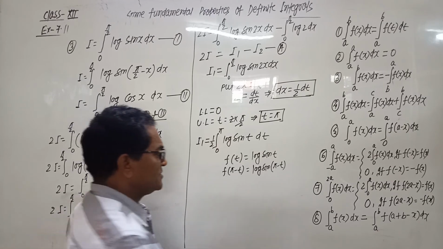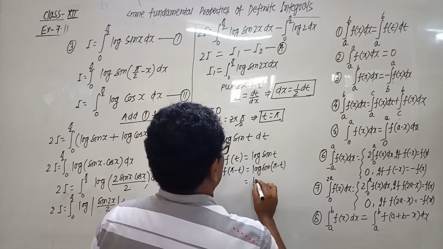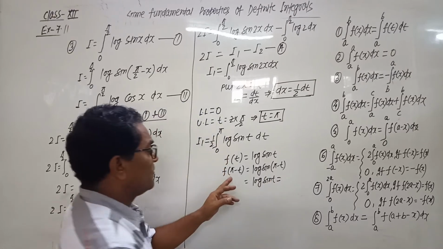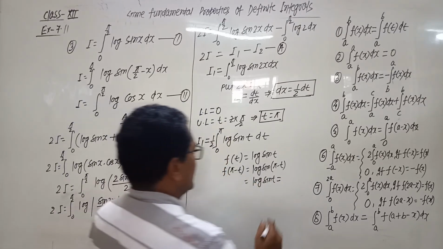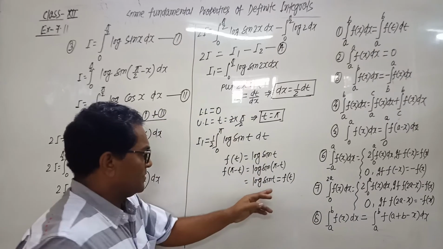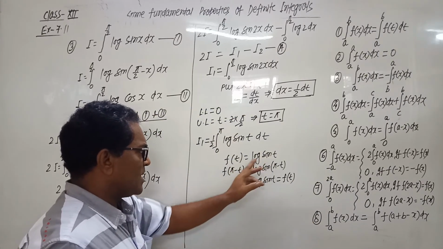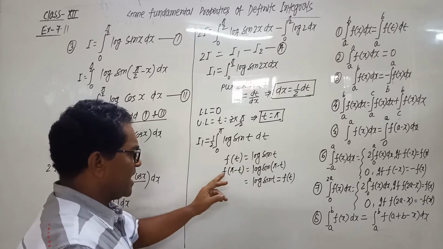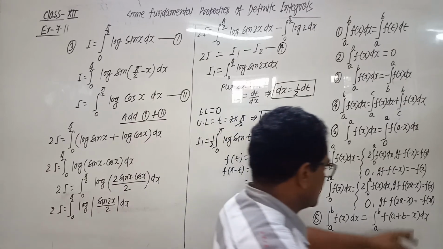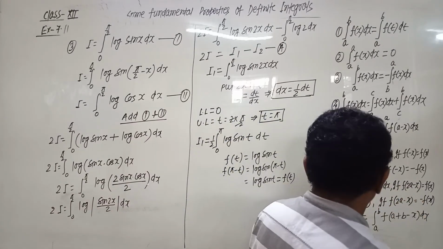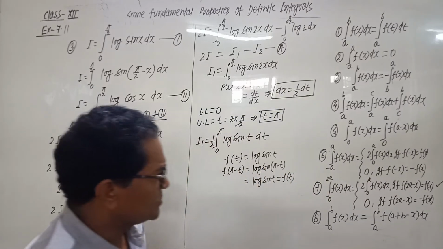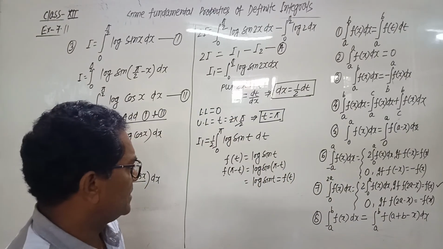You know this is sin theta, so it gives log sin t. Means f of pi minus t becomes f of t, because log sin t was f of t. So we use this property, property number 7.